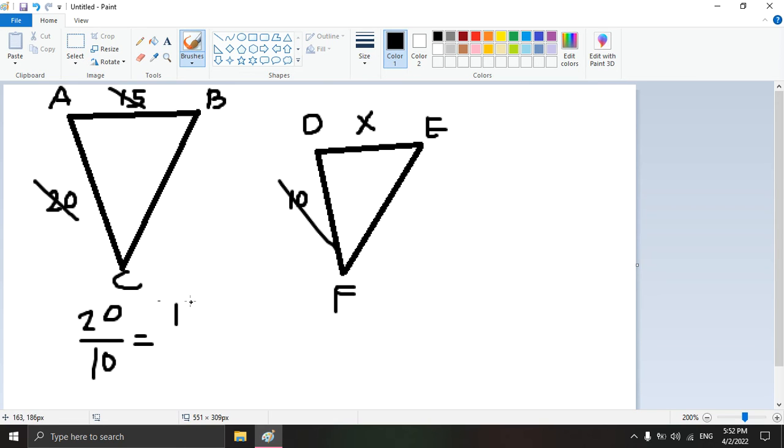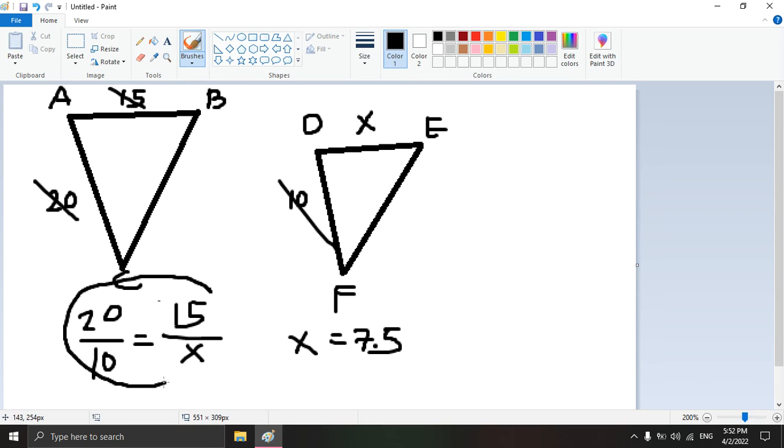So 15 all over x. Same again, our x is 7.5 or 7 and 1/2. Okay? So it is either of the four ways of forming the proportion, for as long as you follow the pattern.